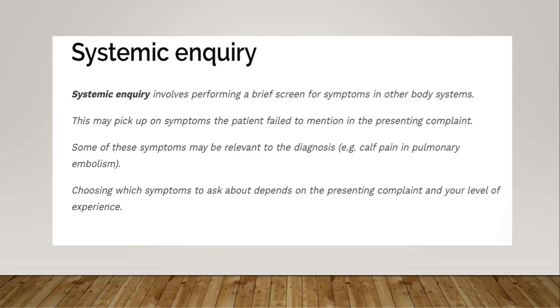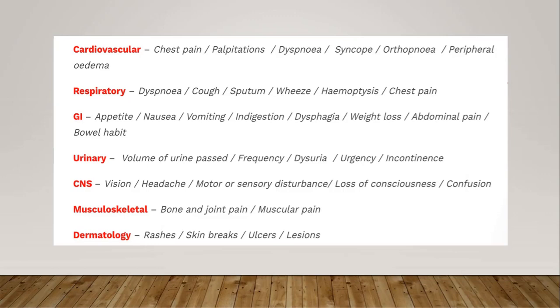A systemic inquiry involves performing a brief screen for symptoms in the other body systems. There may be things the patient did not mention, so it is very important to ask about systemic inquiry.